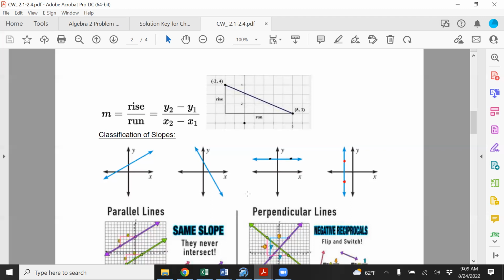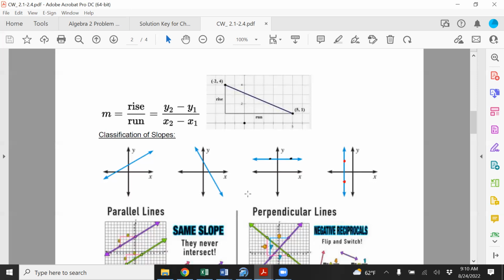This is a horizontal line, so it's 0 slope. This is a vertical line. This would be undefined slope. That's undefined because then you're dividing by 0.